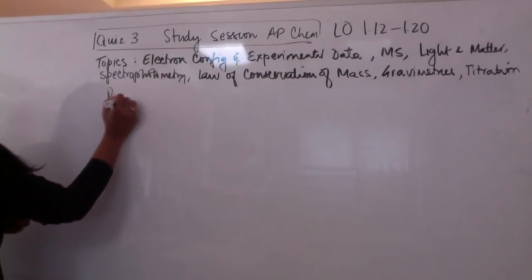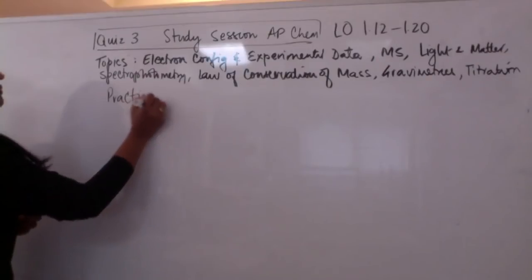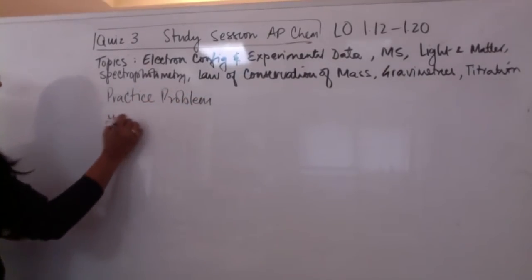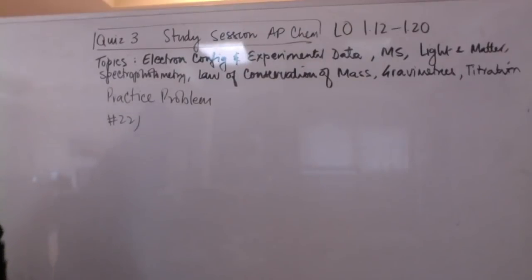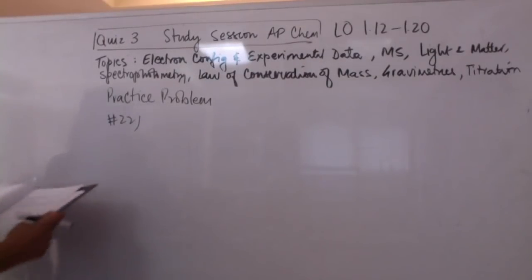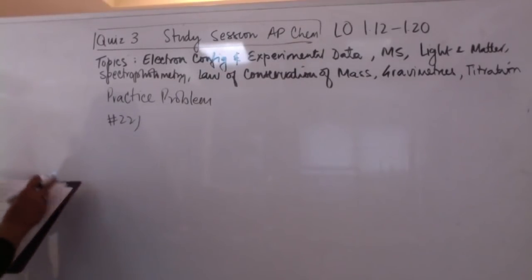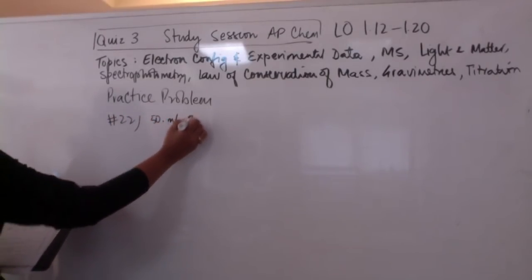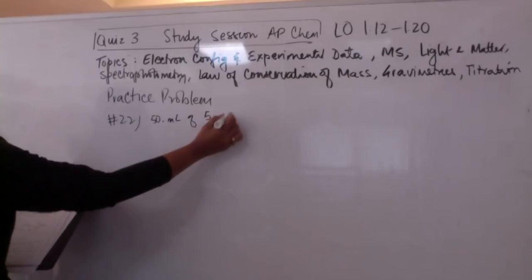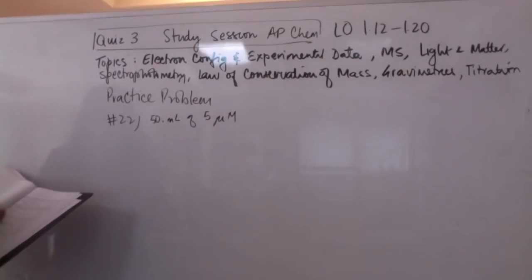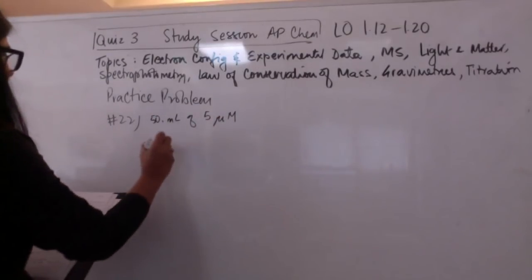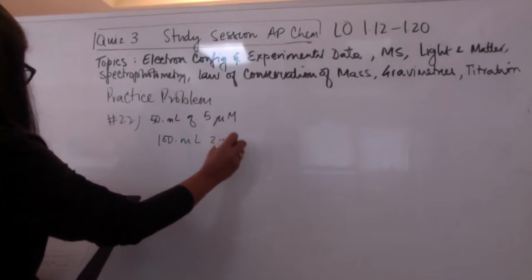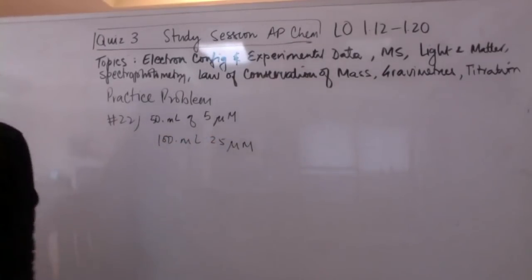Practice problem number 22 says you need to make 50 mL of 5 micromolar blue solution of CV, but you only have 100 mL of 25 micromolar. How would you make this solution?